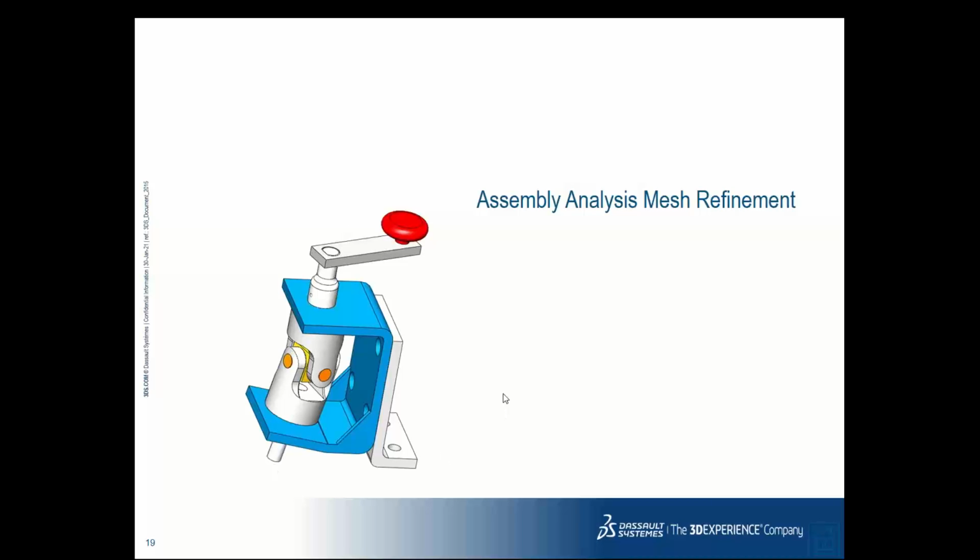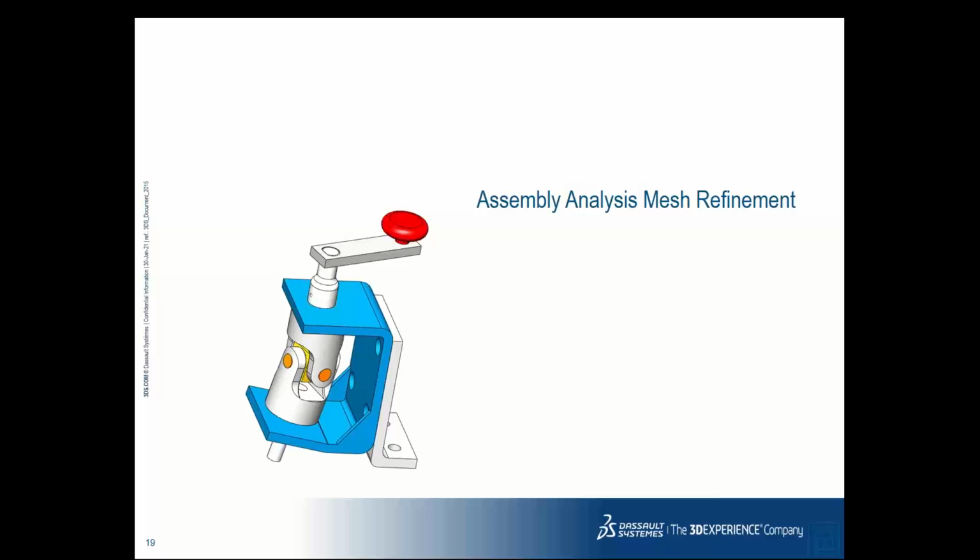In this lesson also we will be learning the concept of contacts. Till now we have only simulated single parts. When the assembly is introduced in simulation, you need to tell the software what kind of interactions are happening between the respective parts, so that the software can understand how to apply the movement to those particular parts in order to capture the geometrical, stress, or deformation results more properly.